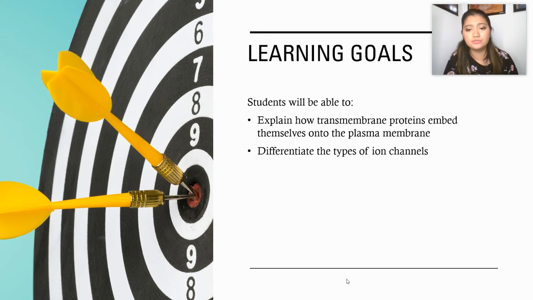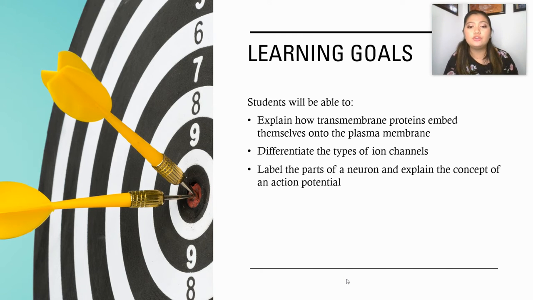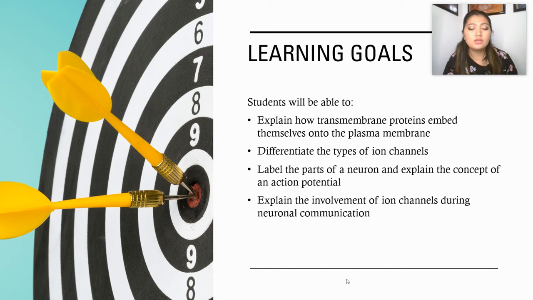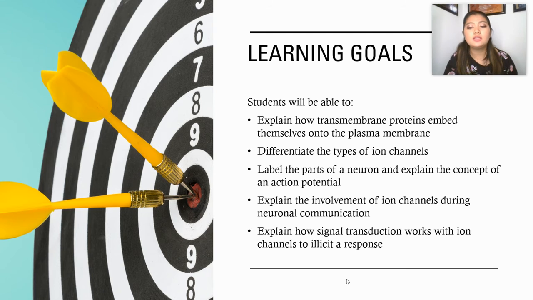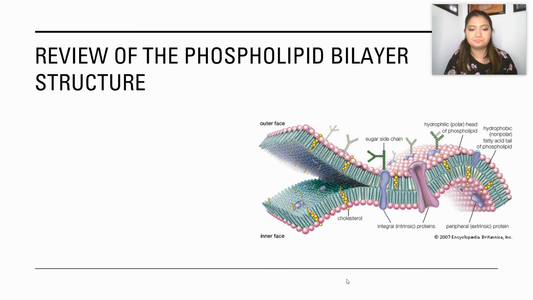You also need to be able to differentiate the different types of ion channels, label the parts of a neuron and explain the concept of an action potential. You should also be able to explain the involvement of ion channels during neuronal communication. And lastly, explain how signal transduction works with the ion channel to elicit a response.